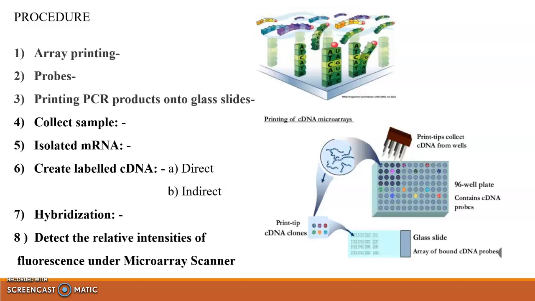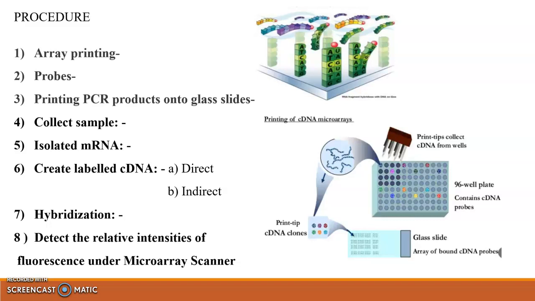Two types of detection devices are used. One is the laser scanner and the other is the CCD. CCD is nothing but a charge coupled device based scanner. It is based upon the charge or the relative intensity of the molecule, and the emission intensity is measured.